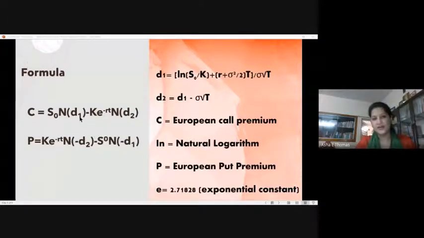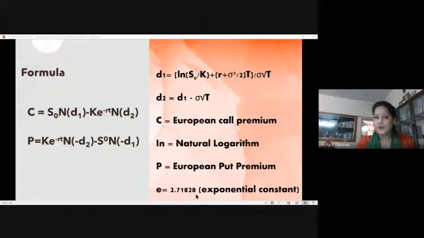And D2 is nothing but D1 minus the standard deviation times the square root of T. And e raised to negative RT, we are already familiar with, for finding the present value, where e is the constant with a value of 2.71828.